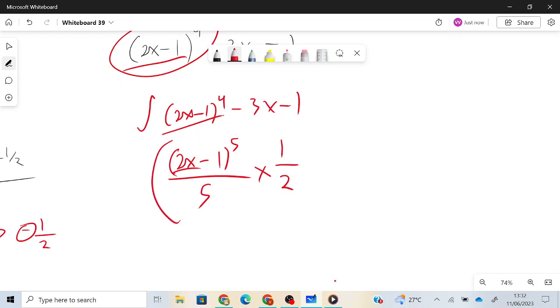So let's keep this in brackets. Then for minus 3x, we have minus 3 x to the power 2, because we know this is to the power of 1 here, because there's nothing, so we assume it's to the power of 1. And then we add 1 to the power, which in this case would be 1 plus 1, that's 2, and divided by the new power, so over 2.